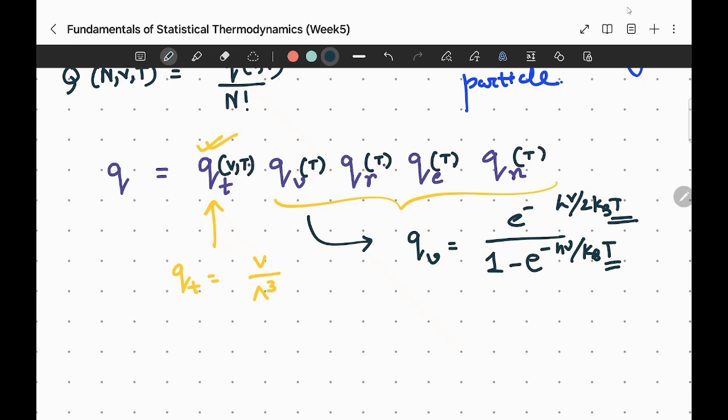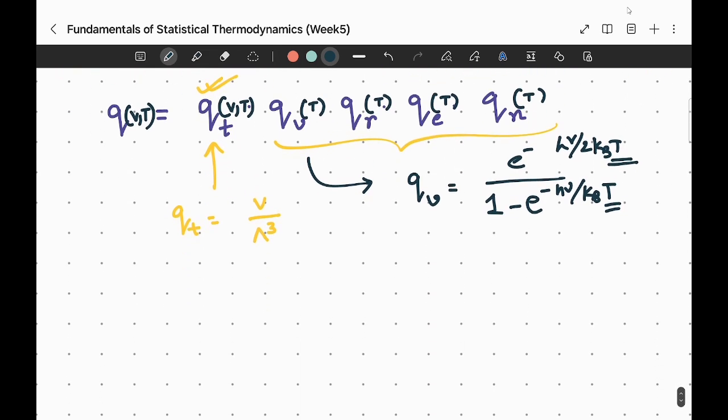The translational partition function depends on the volume, and that's why the overall partition function depends on volume and temperature both. Does the translational partition function depend on temperature? Yes, it depends on temperature. That's why I've written V and T both, because temperature dependence will always be there.